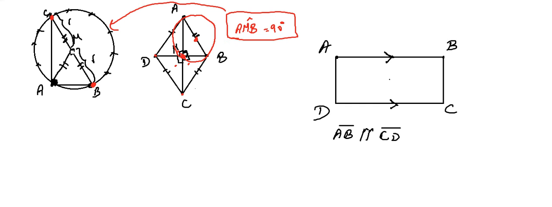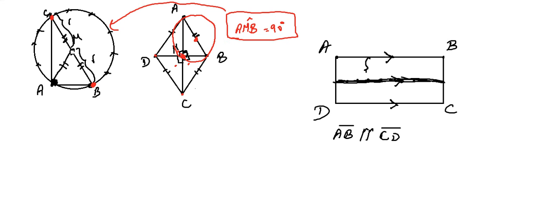Simply, any point which is equidistant from these two parallel lines will be on this line, which is parallel to AB and CD, and will be at the same distance.